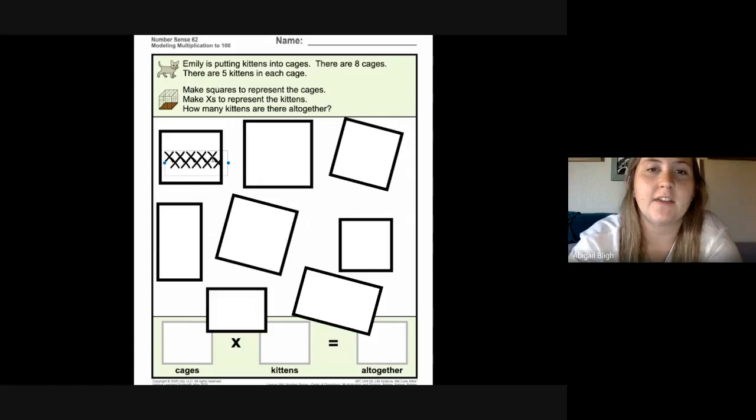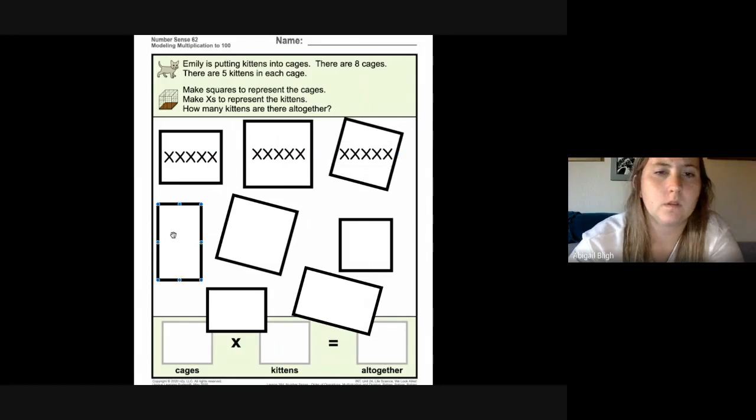You're just going to draw it with your pencil. 5 X's in this box. 5 X's in this box. 5 X's in this box. 5 in this box. I'm putting 5 in every single box. I should have 8.